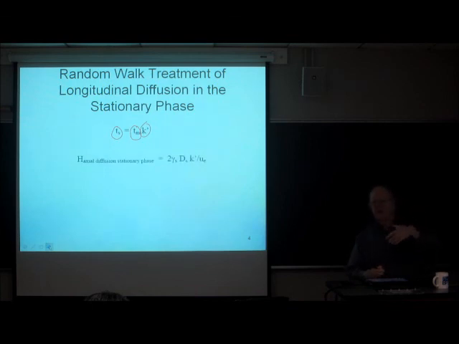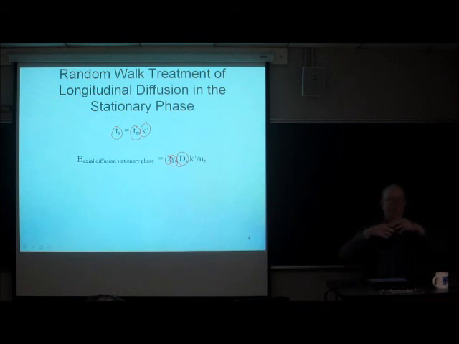I'm going to combine a whole bunch of algebraic steps, but they're trivial. I just showed you what they look like for the mobile phase. If we put it together, we get 2 times the obstruction factor for diffusion in the stationary phase particle times the diffusion coefficient of the solute in the stationary phase liquid. So imagine you had a beaker full of stationary phase liquid. If it were a polymeric stationary phase like we use in GC, it would be the gooey polymeric liquid, and diffusion in it might be quite slow.